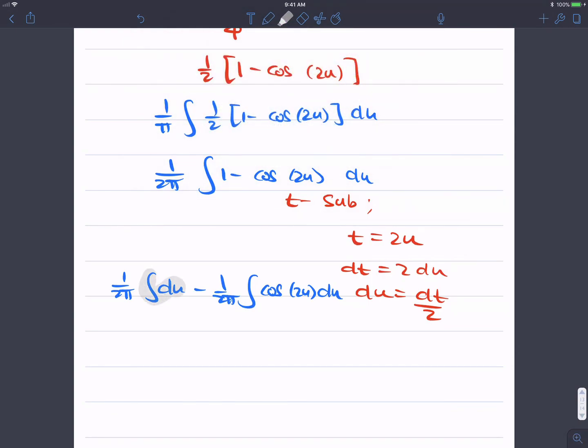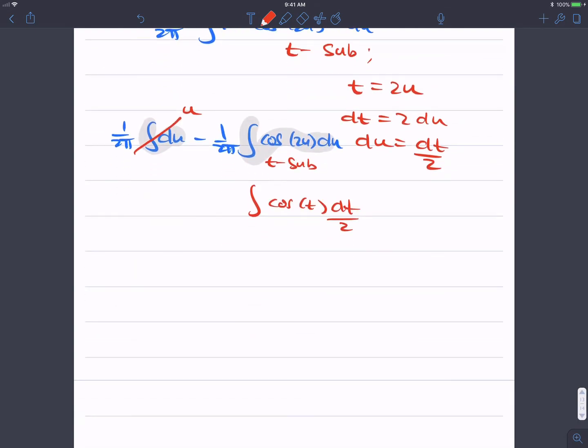This integral is what we're focusing on. This one becomes simply u. This is where the t sub comes in. So this integral becomes cosine t dt over 2, 1/2 integral cosine t dt.